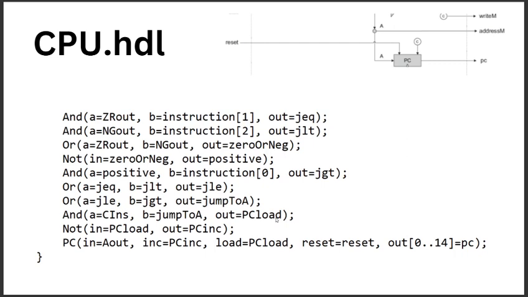It determines the jump conditions and checks the ALU output to see if the conditions are met. If the instruction is a C instruction and the conditions are met, the PC is loaded with a value that tells the CPU to jump to the specified address. If the PC is not loaded, then the PC is incremented and moves to the next instruction.